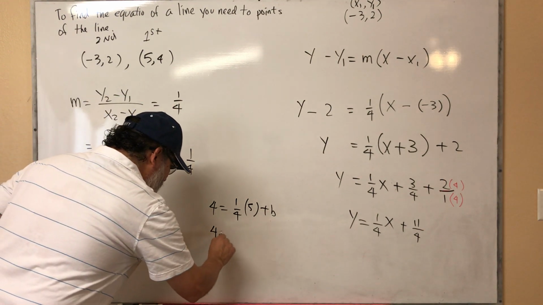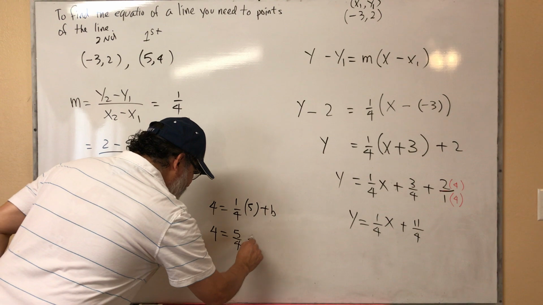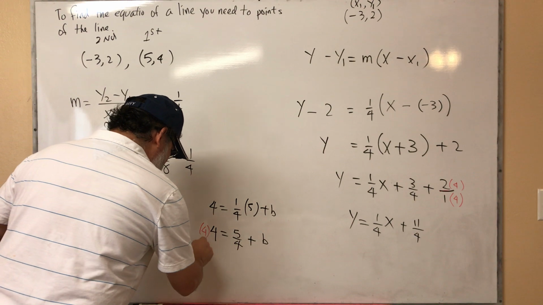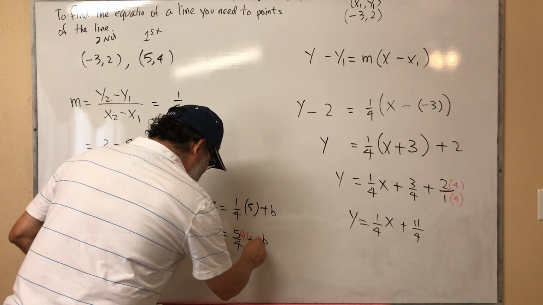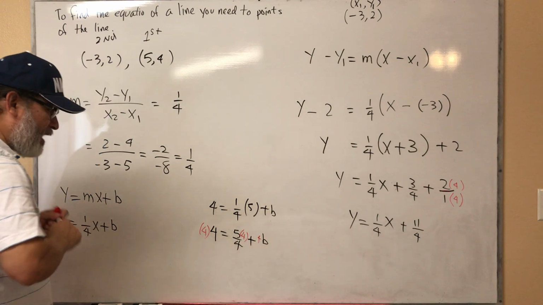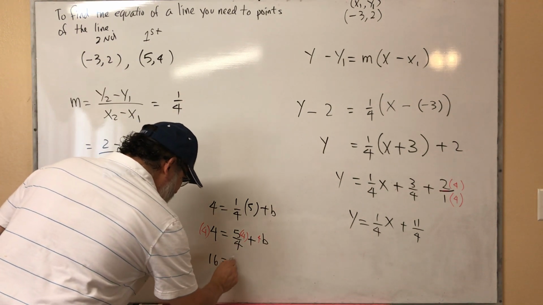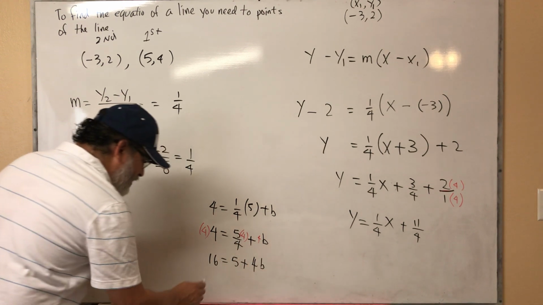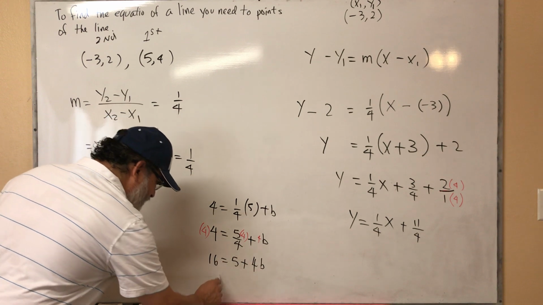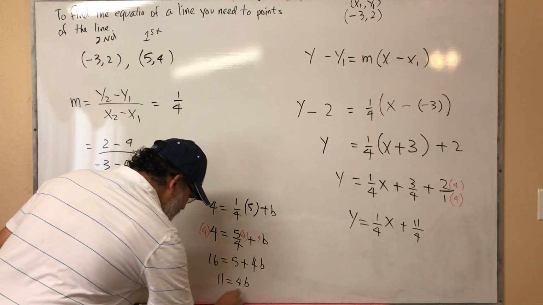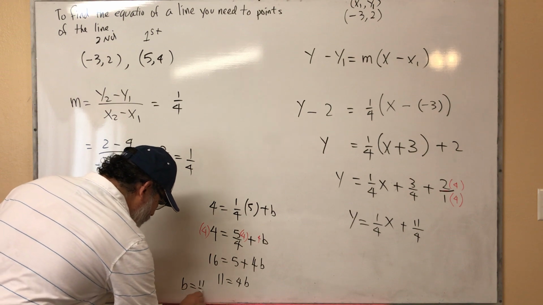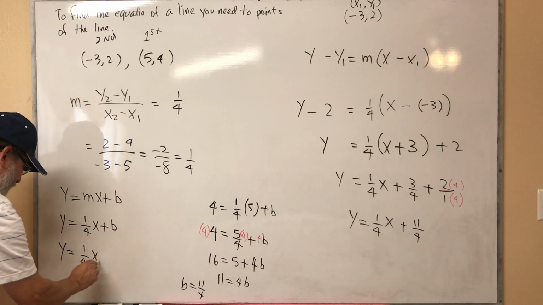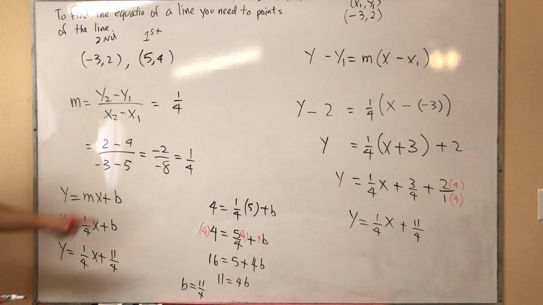So this is 4 equals 5/4 plus b. Earlier I multiplied this by 4, this by 4, this by 4. We get 16 equals 5 plus 4b. So 16 minus 5 is 11 equals 4b, and b equals 11 over 4. You come back and you say y equals 1/4 x plus 11 over 4. The same as that over there.